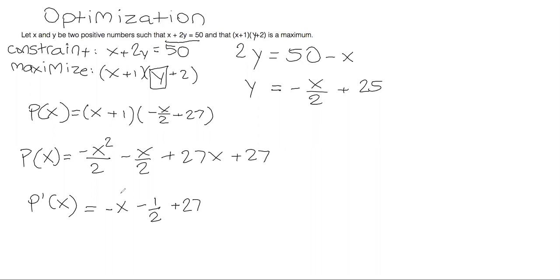So let's clean this up a little bit. Let's combine like terms while we can. So I might want to put this into improper fraction format. I want to combine these together and make it into an improper fraction just because it makes the computation a little bit easier. So I want to rewrite this. I want to make this 27 minus 1/2 minus x.